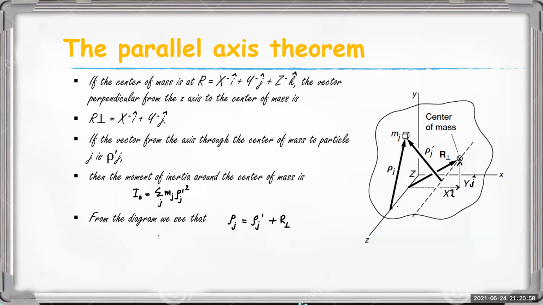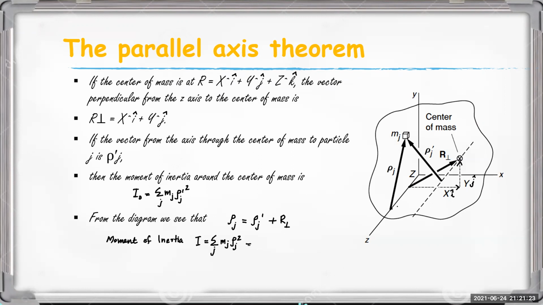Okay. Then what is the moment of inertia? What moment of inertia do we have to find? Moment of inertia I. What is the expression of I? The expression of I is equal to summation over j of mj rho j square.